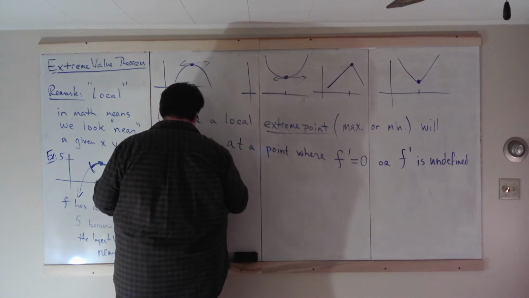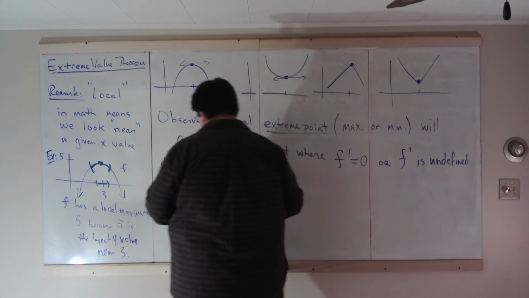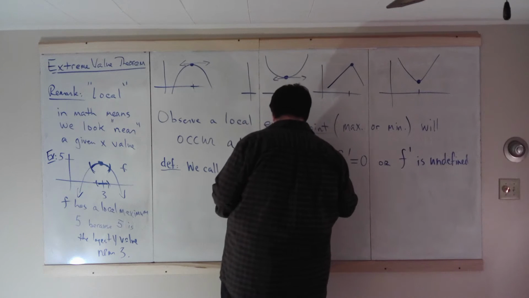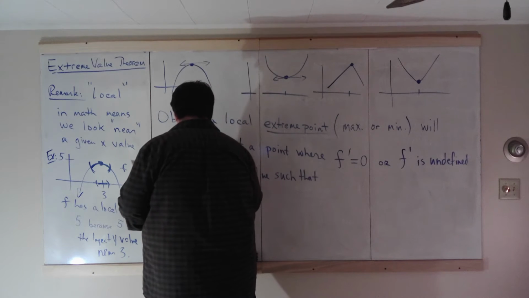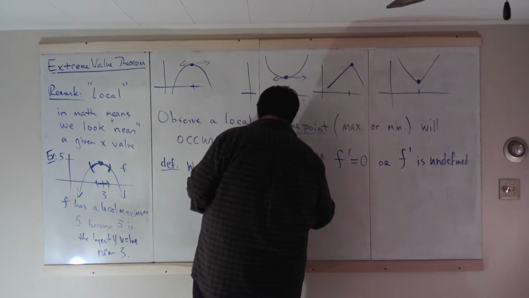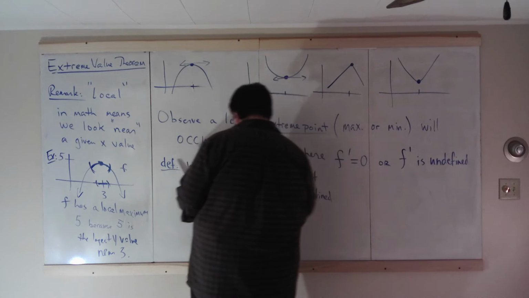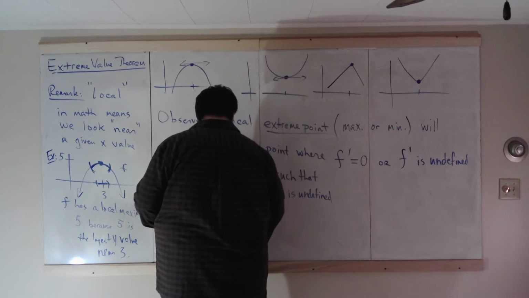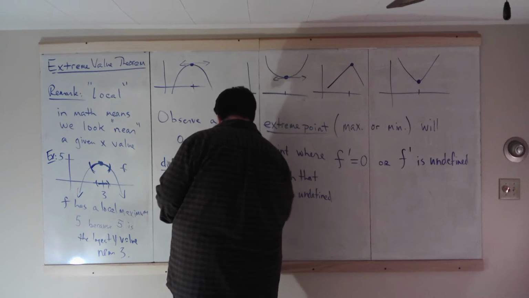We call an x value, I'll be a little informal, such that f prime of x equals 0 or f prime of x is undefined, a critical point.